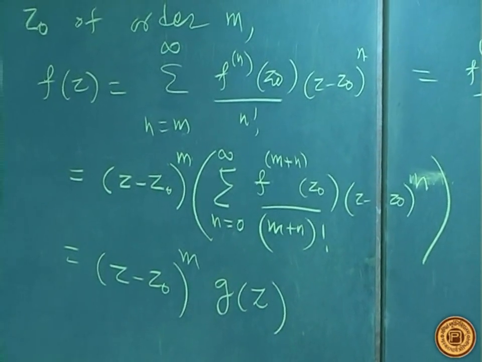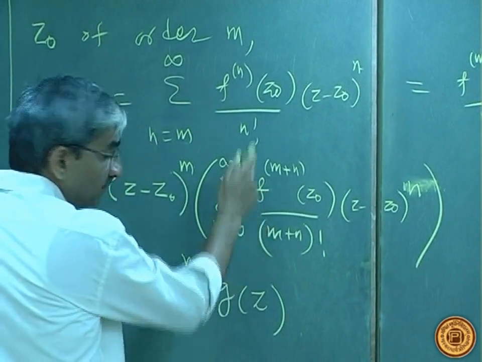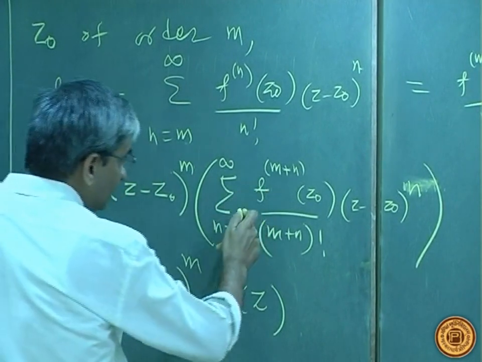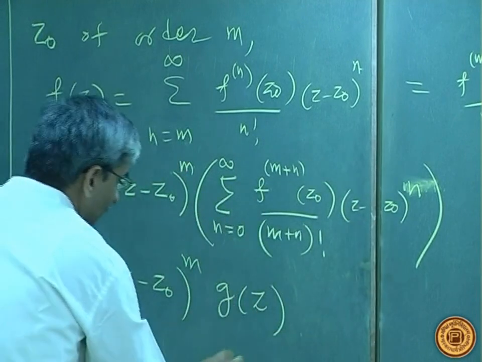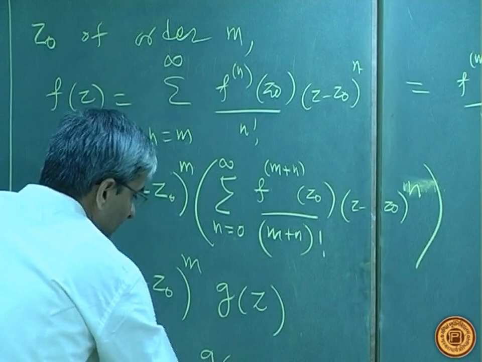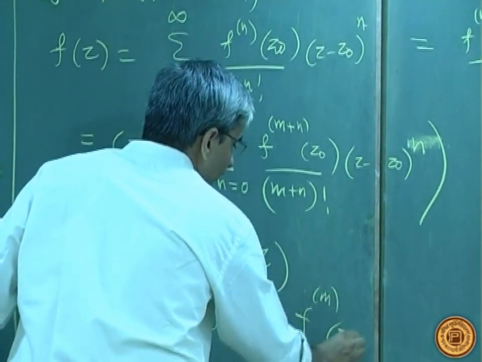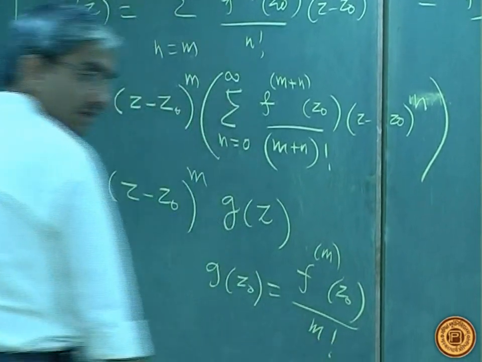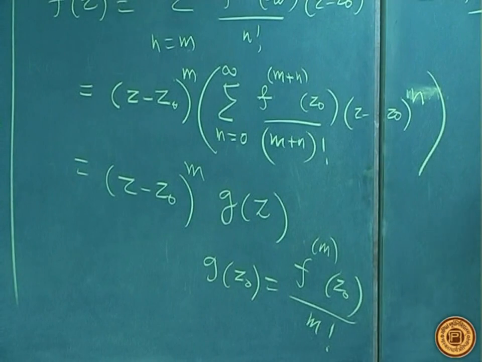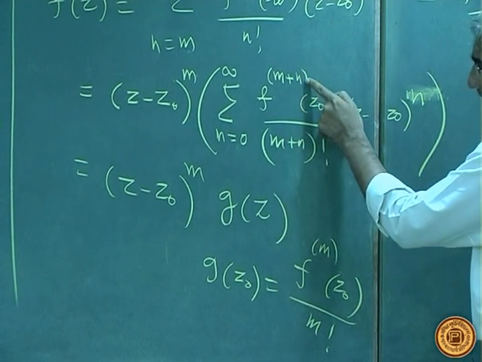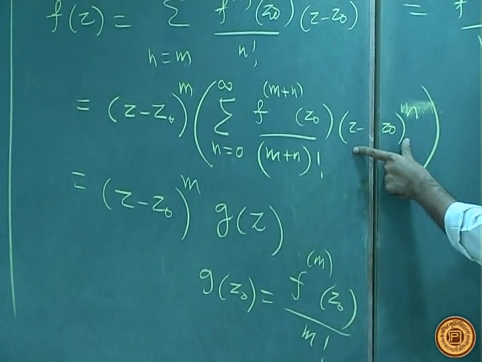What is the property of g? g(z naught) is this series evaluated at z naught, which is nothing but the mth derivative at z naught upon factorial m, correct? Because when you put z naught, the rest of the terms will be 0: if you take n equal to 1, then z minus z naught will come and that will be 0 at z naught.